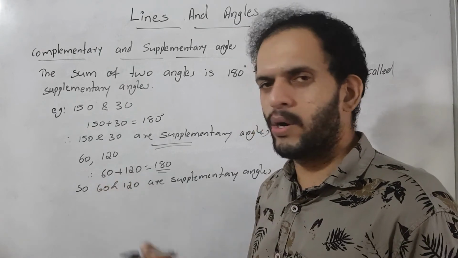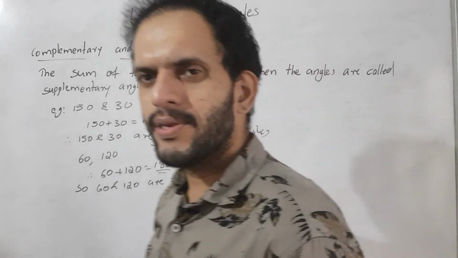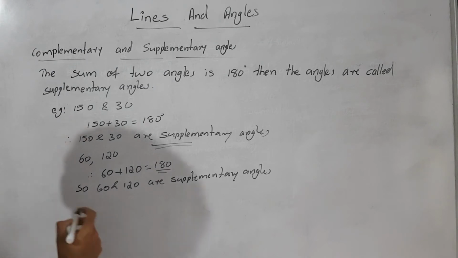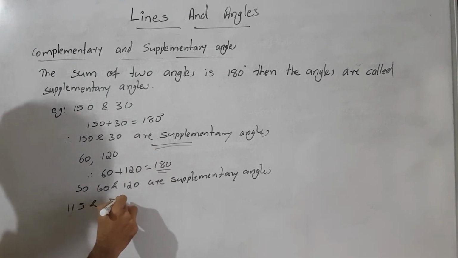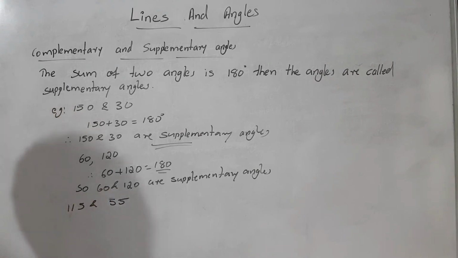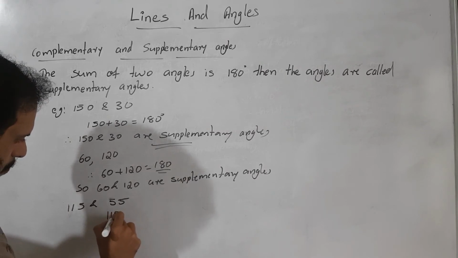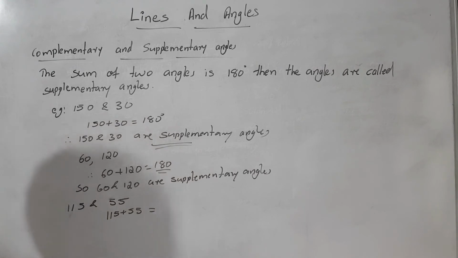60 is a supplement of 120. Clear? Then how do we check? One more example: are 115 and 55 supplementary? How do we check whether these are supplementary or not? We just add them, correct? 115 plus 55, what do you get?